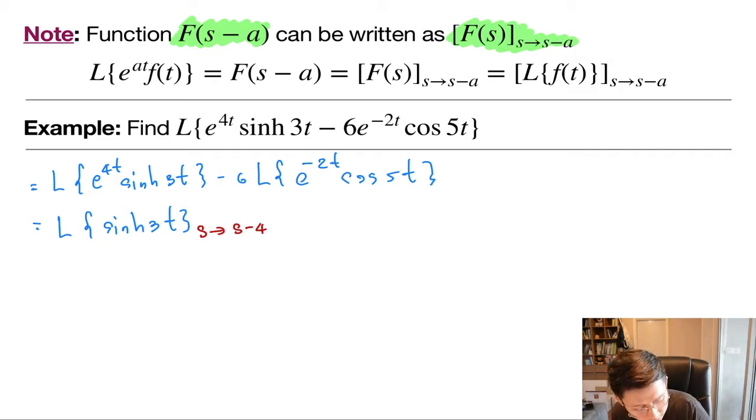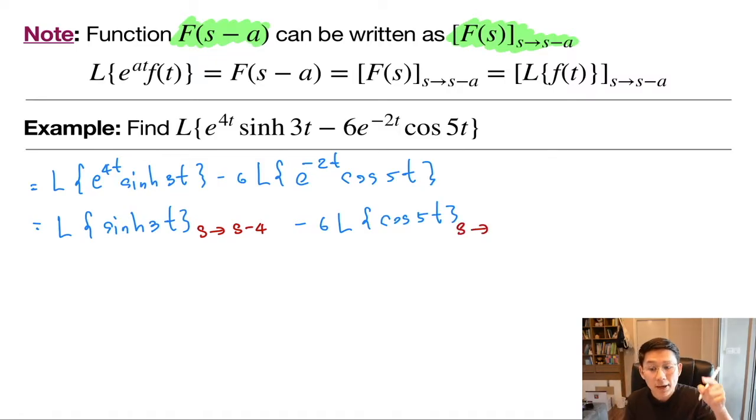And here it's minus 6 times the Laplace transform of cos 5t, and then you substitute s with s minus 2, which is s plus 2.